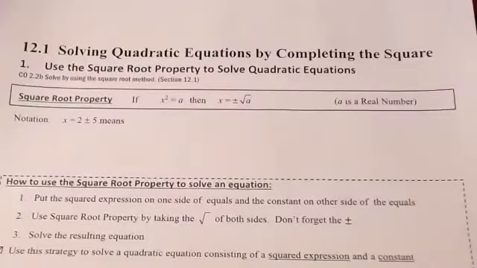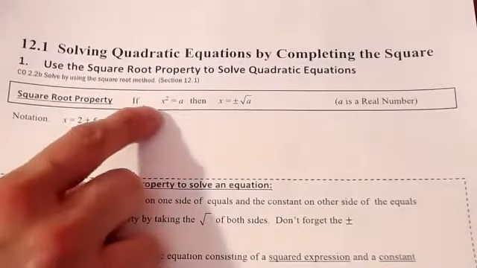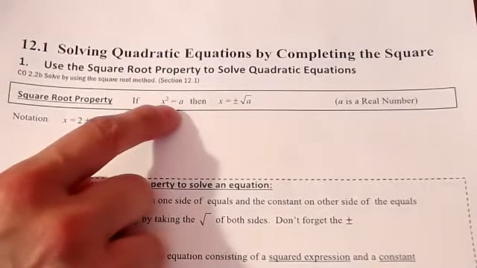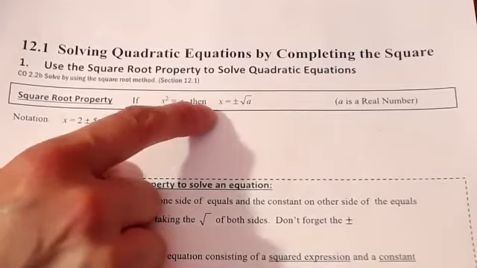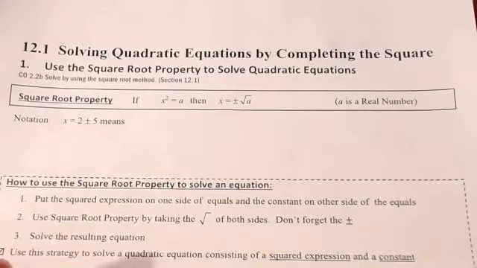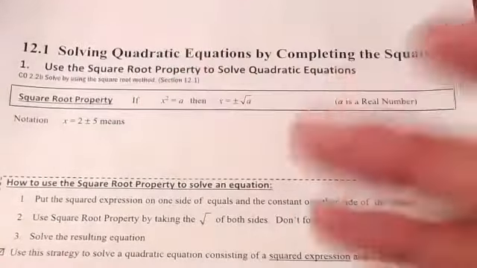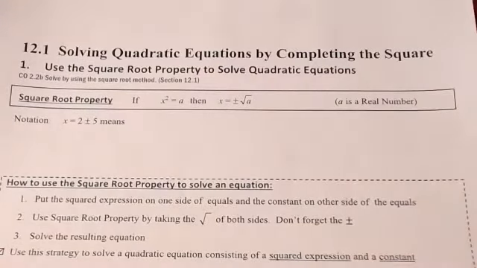Check this out. So notice here that we are told that if x squared is equal to a, then it must be that x is equal to the positive or negative square root of a, where a is a real number, right? So for instance, when you have the notation x is equal to 2 plus or minus 5, and we're going to end up using this kind of idea as we complete the square, as we use the quadratic formula, we have to understand what this means.